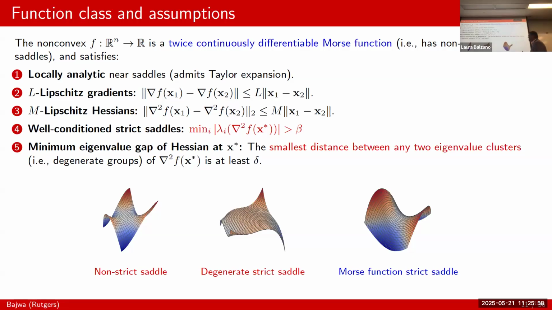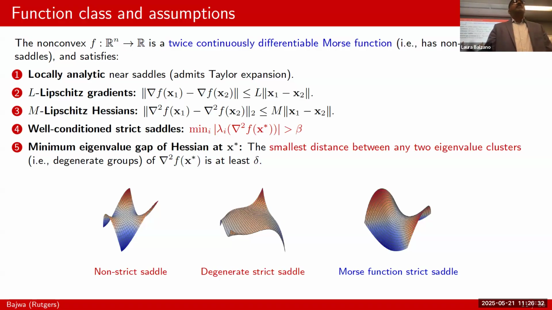And the other thing is, as I said, we have a strict saddle whose Hessian is not rank deficient, but I also want the minimum absolute value of that to be bounded away from 0. So beta is how far away I am. The last condition is simpler: we write vectors in terms of the eigenbasis of my Hessian, and I can have repeated eigenvalues, but this delta appears in the analysis, though it's not that important.